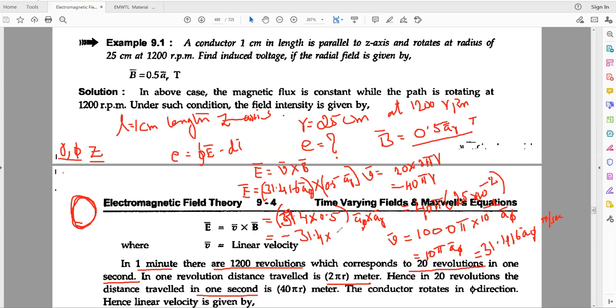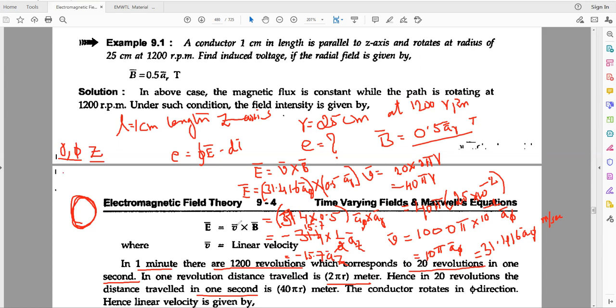So 31.4 into 0.5, nothing but half, a_z bar, is around 15.7. So that is equal to minus 15.7 a_z bar.